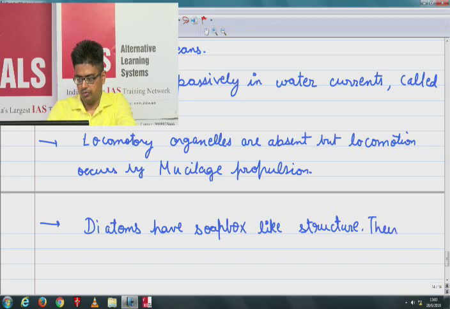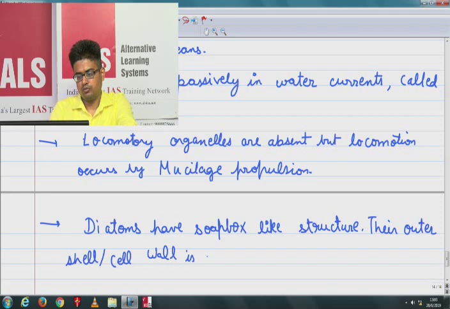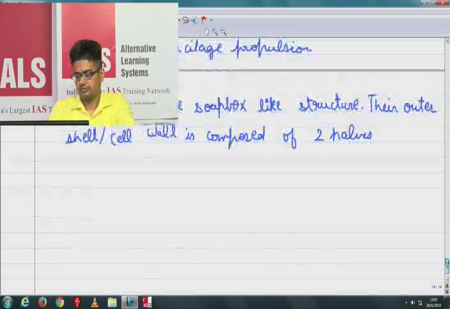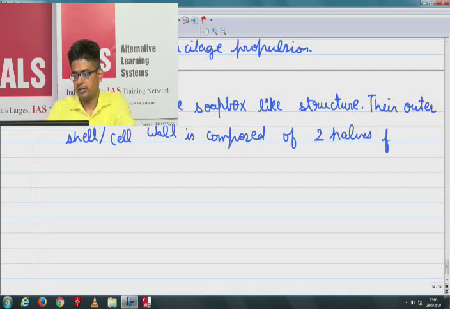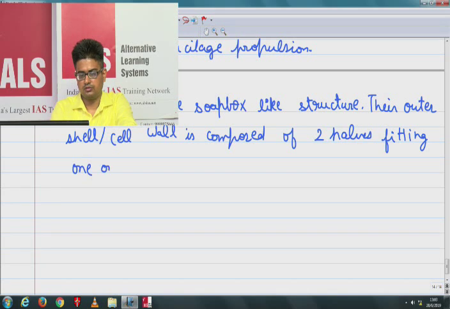Their outer shell or cell wall is composed of two halves, fitting one on top of another.